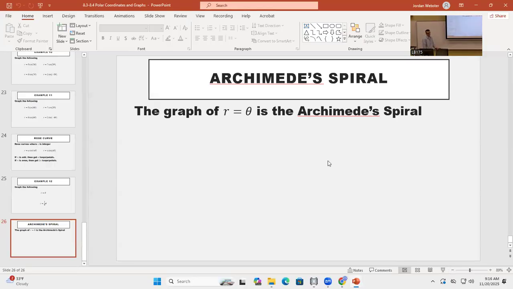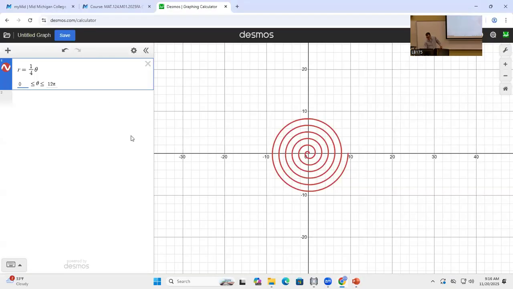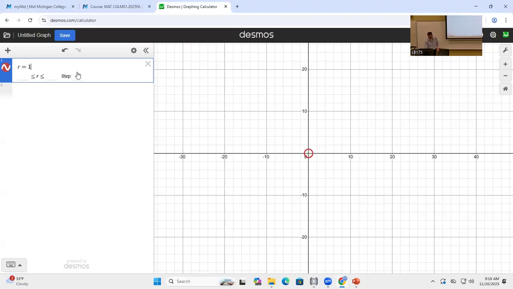There's a lot of other things you can do in polar coordinates that are interesting. Let me show you just one example of something that we kind of dealt with. We had cosine of theta as a single loop.